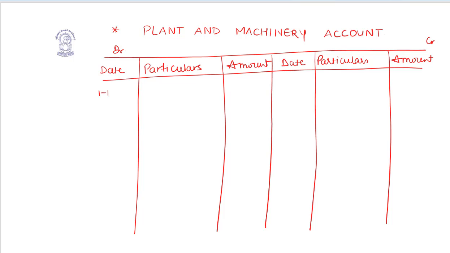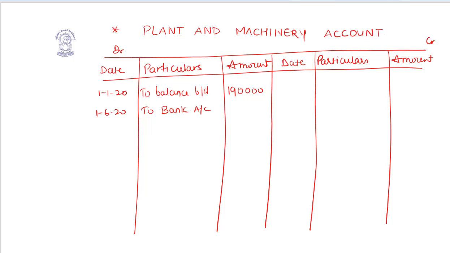Debit, credit. On 1st of January 2020, to balance brought down of machinery, 1,90,000.